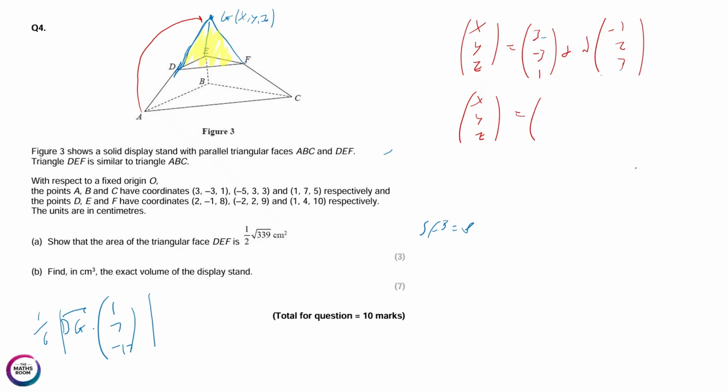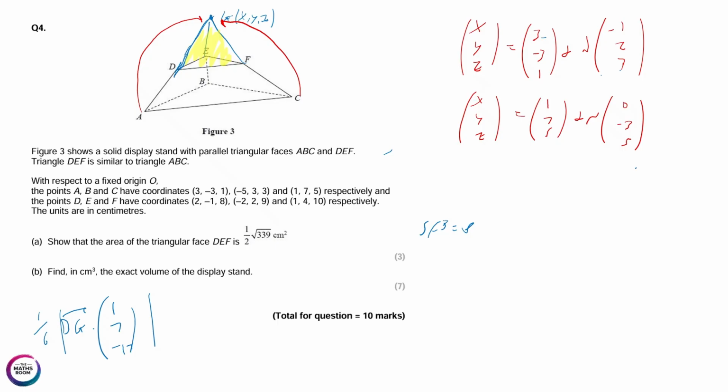So I can start at C, which is the point 1, 7, 5, and use some multiple of the vector CF, so F minus C, which is just going to be 0, which is always good, and -3 and 5. Again, starting from here, trying to get to here, so start with C and use some multiple of vector CF to get there.